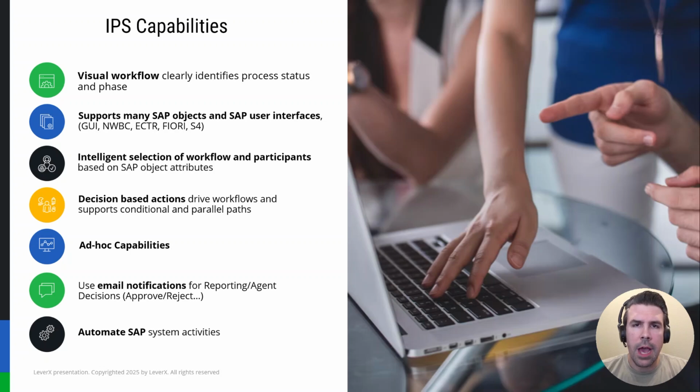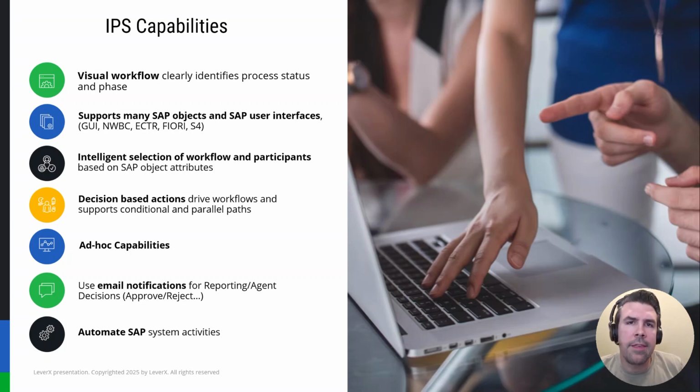So what are some of the IPS capabilities? Visual workflow that clearly identifies process statuses and phases. So you can tell where your business process is, with any process that you have in your system. You can tell that on a micro level, in terms of just seeing an individual workflow, or on a macro level where we talk about reporting capabilities.